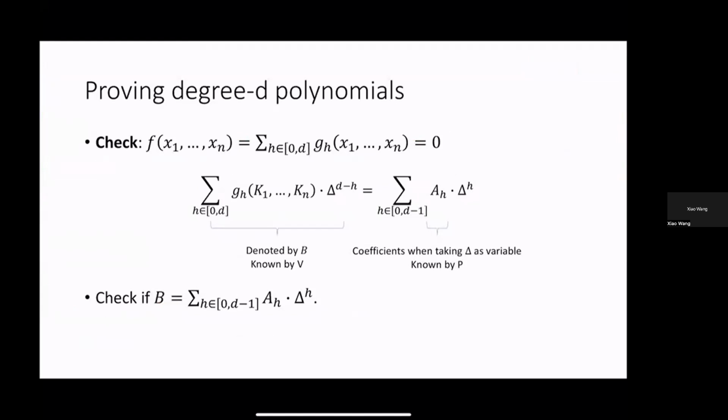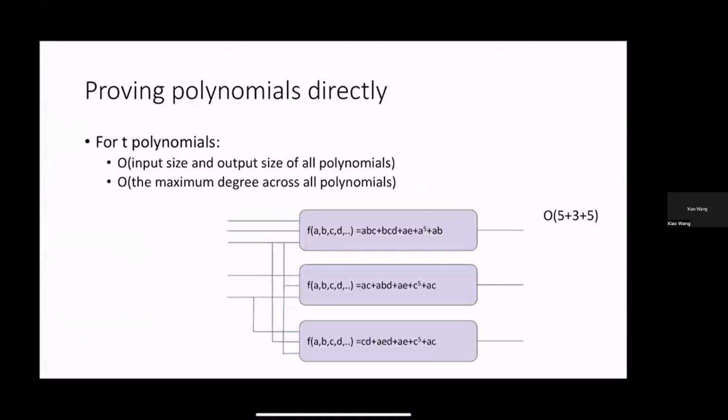Essentially, let's say we have multiple polynomials, where we have 5 input wires, 3 output wires, and 3 polynomials, and the highest degree is 5.